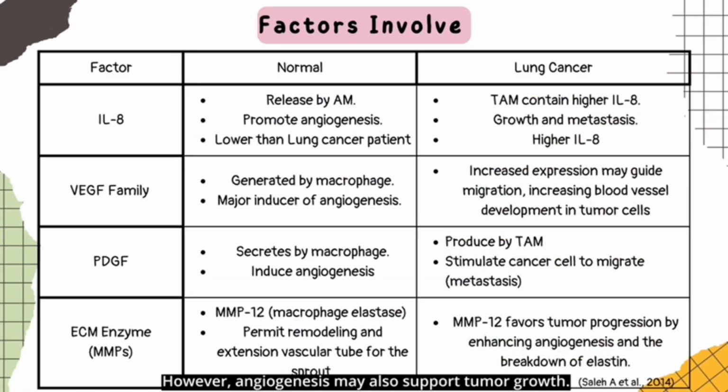However, angiogenesis may also support tumor growth. This is due to the factors produced by tumor cells. Interleukin-8, the VEGF family, the PDGF family, and ECM enzymes are the major factors produced by tumor cells to induce angiogenesis.